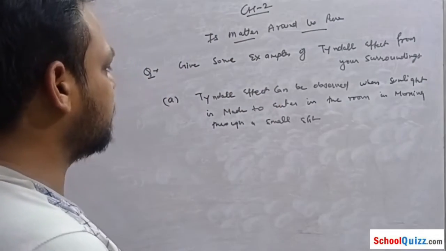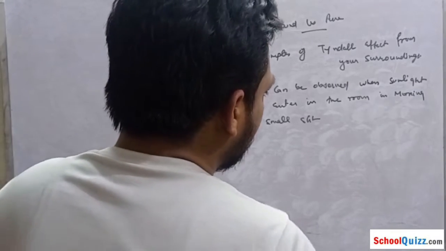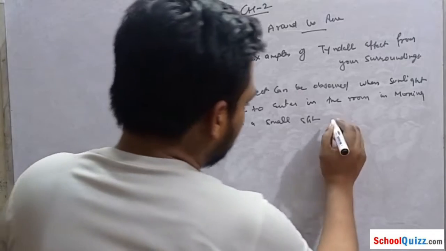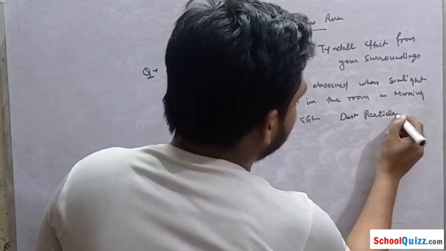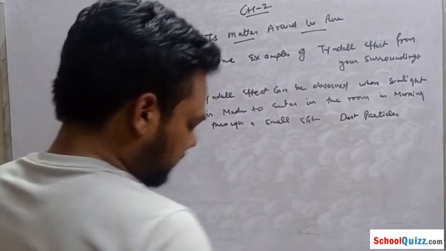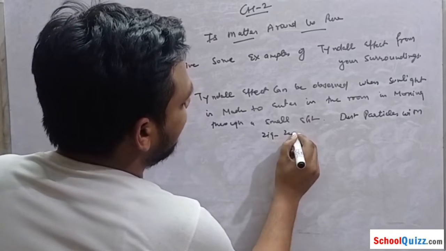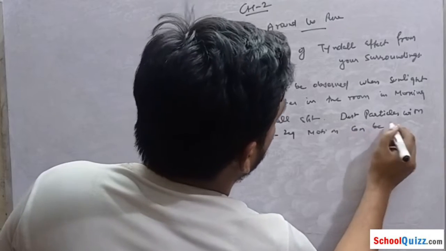So Tyndall effect can be observed when sunlight enters the room in the morning through a small slit. Dust particles with zigzag motion can be seen.